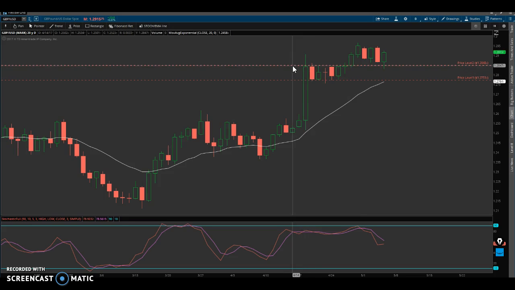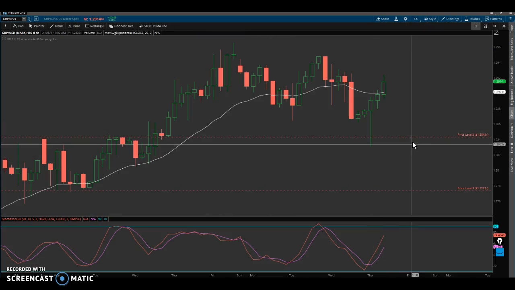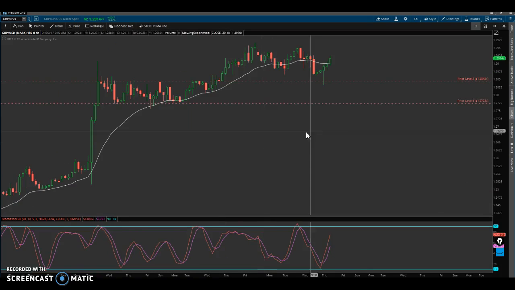I tightened that up a little bit, pretty much put it on the top of that high wick that broke out of this lower structure here. So that was my main level I was looking at.